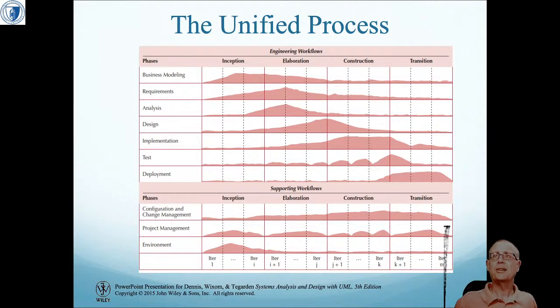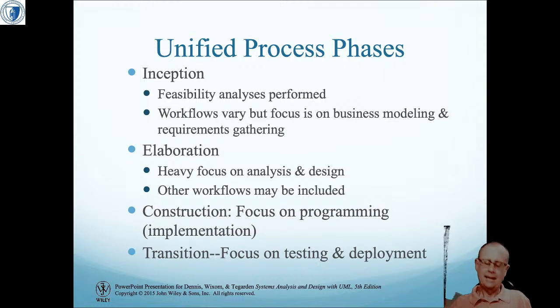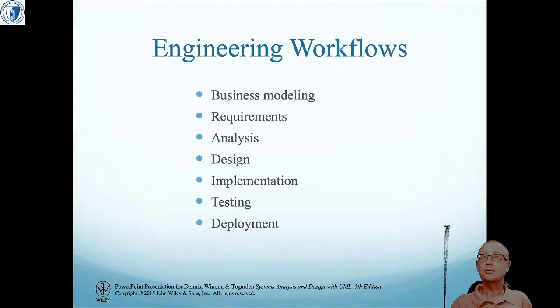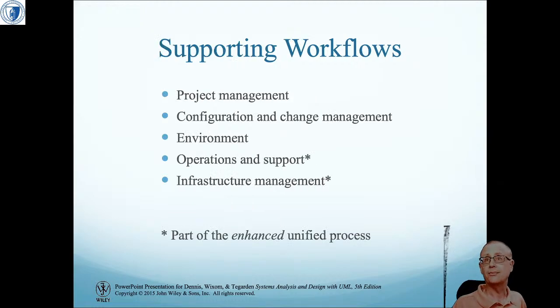And you can see not all of these things happen all throughout the project. For example, the requirements has a peak relatively early on in elaboration, as does analysis. But the deployment doesn't happen until towards the end, when we're transitioning from the development team to the customer. And I'm not going to go through the different phases. You can read about them, or the different workflows, right?